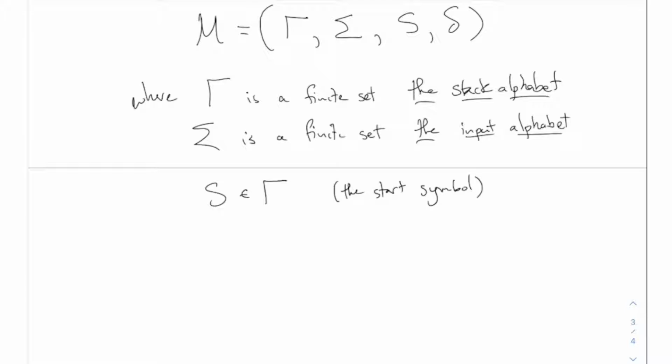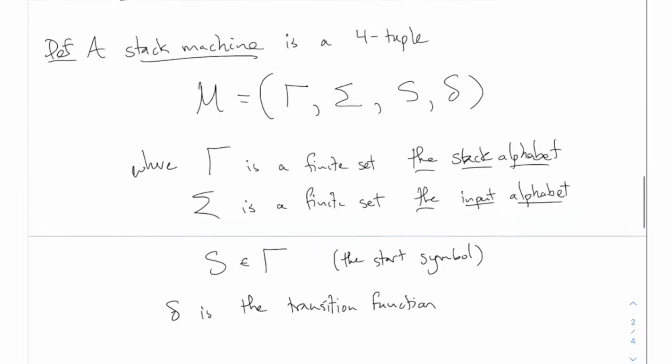And then the delta. Just like for a DFA or NFA, we're going to represent the delta as a function. So delta is called the transition function, and I'll tell you what the domain and codomain are.